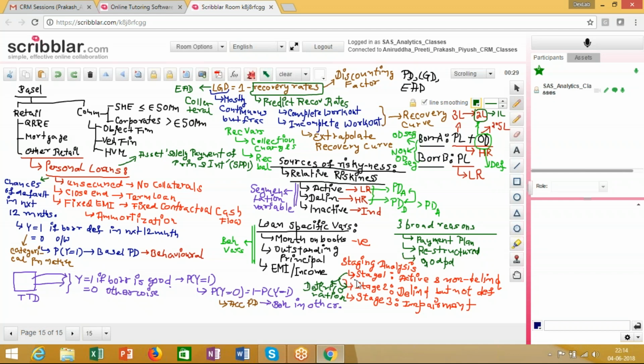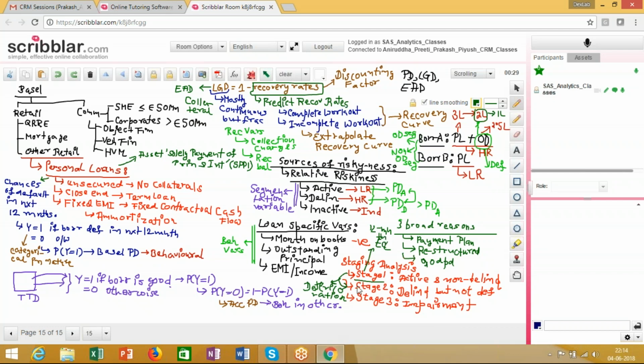So under IFRS 9, for accounts in stage one, the next 12 months ECL is computed.